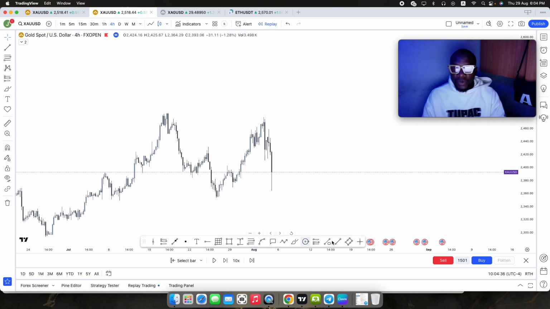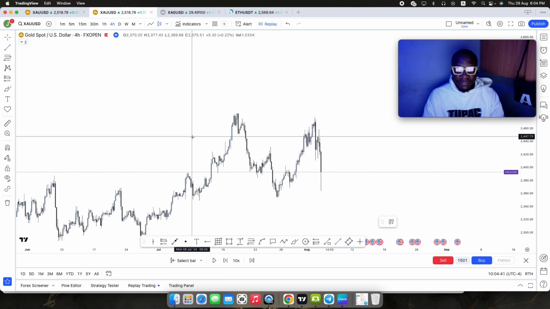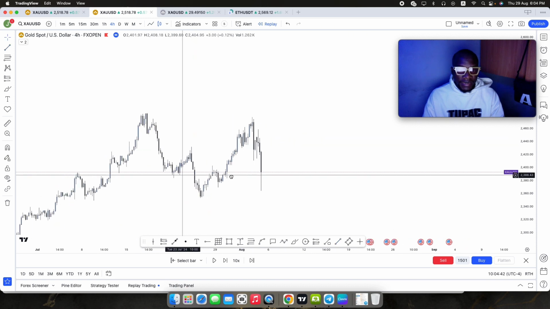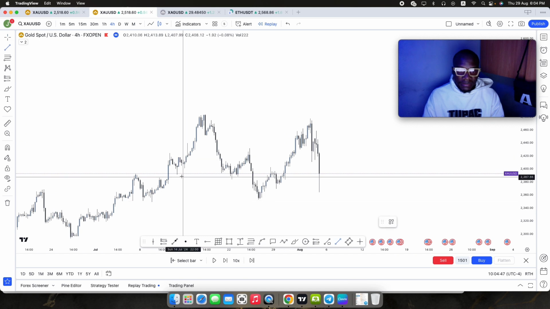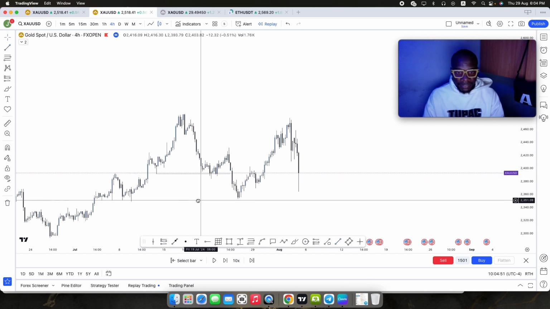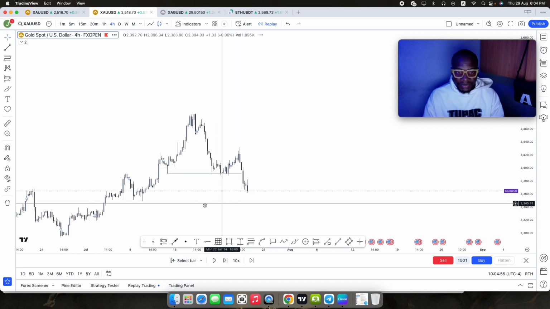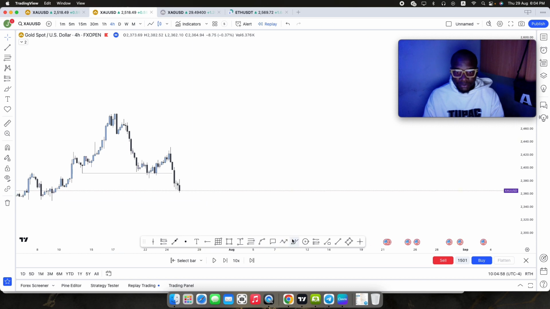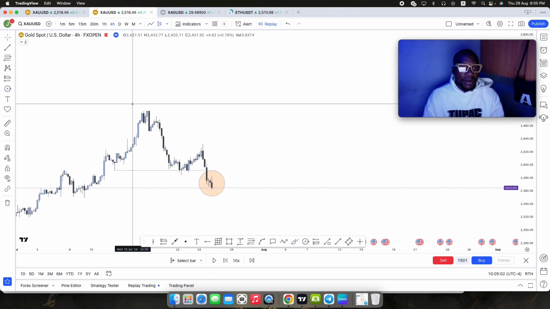So the way we see this trade right now, okay, let's take this. We can probably say that from here we are bearish, right? And because we are bearish, we want to know when this pullback is going to start from here. So how are we going to know?